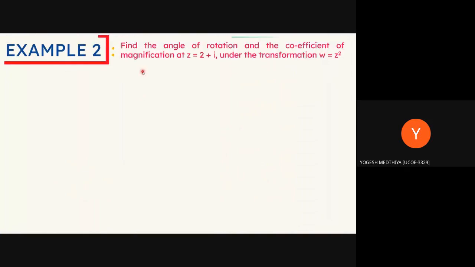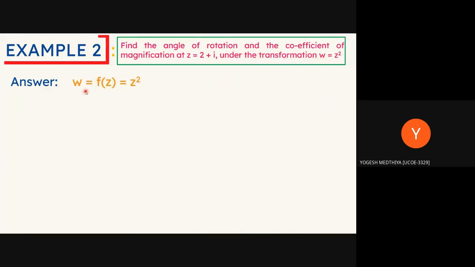Now we solve example 2. Find the angle of rotation and the coefficient of magnification at z equals 1 plus i under the transformation w equals z square. w equals f of z equals z square. Further, f dash of z is given by dw by dz equals 2z.